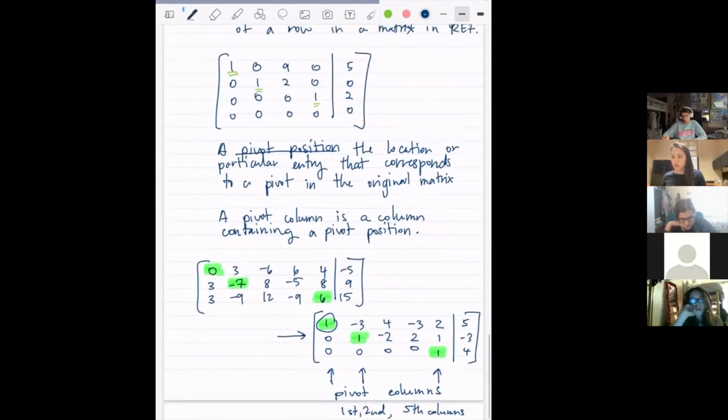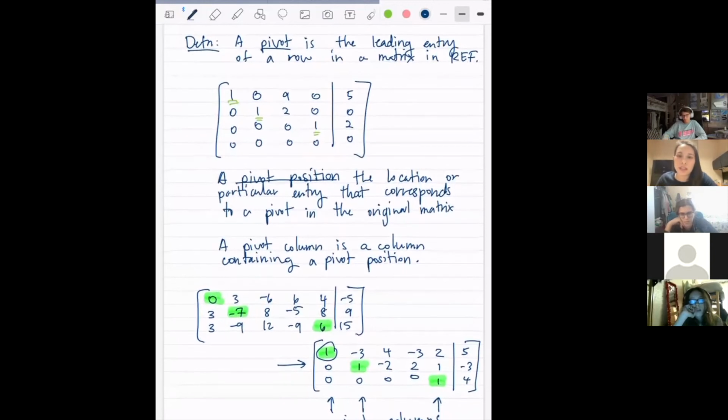Okay, so here, a pivot is the leading entry of a row of a matrix in row echelon form, right? The position is sort of like tracking backwards to the original matrix and just marking it there. Does that make sense?